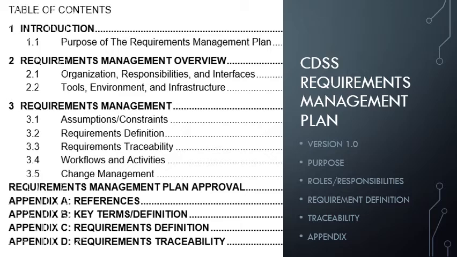Because it is called the Requirements Management Plan, it does define what requirements are in this document. The four factors that I thought were important to mention are that the requirements had to be specific, measurable, action appropriate, and realistic.